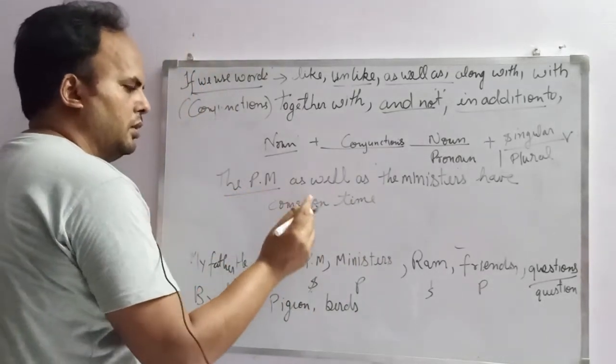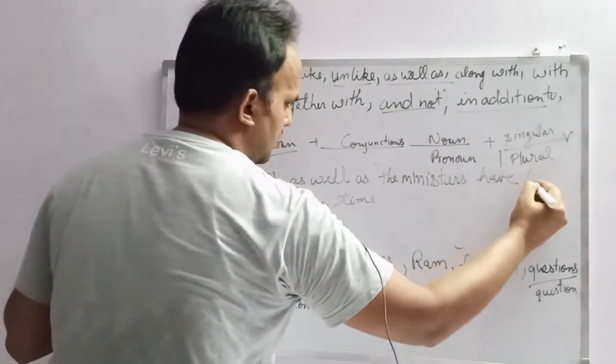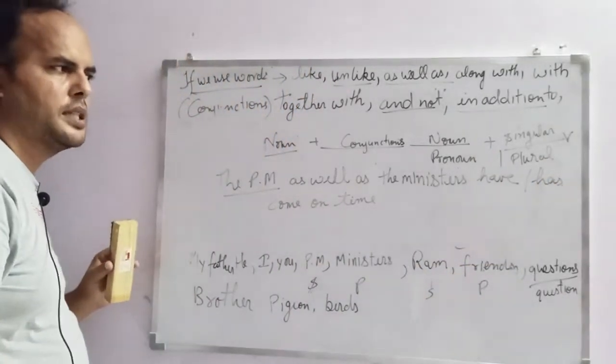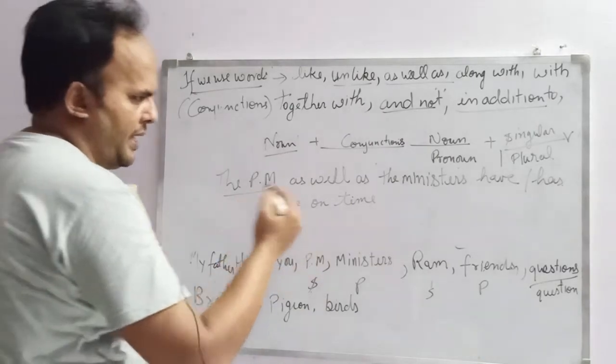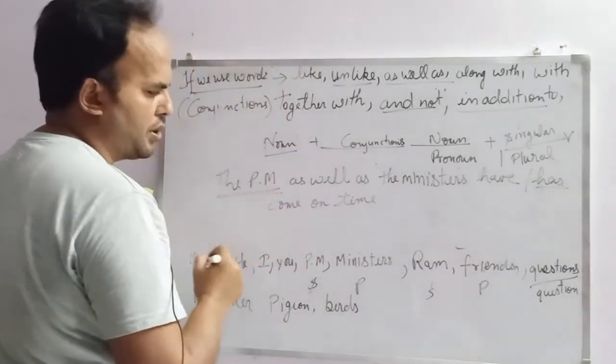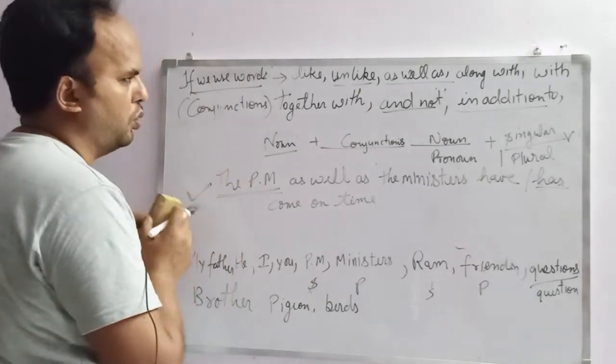Prime Minister as well as the ministers, has or have? Has, according to the Prime Minister, because it is singular.